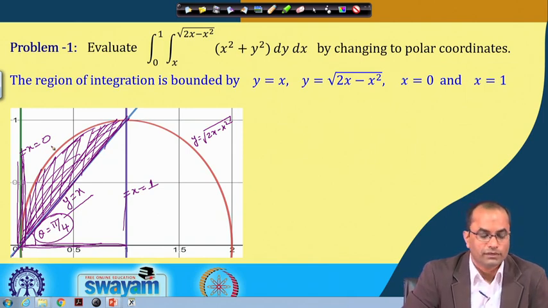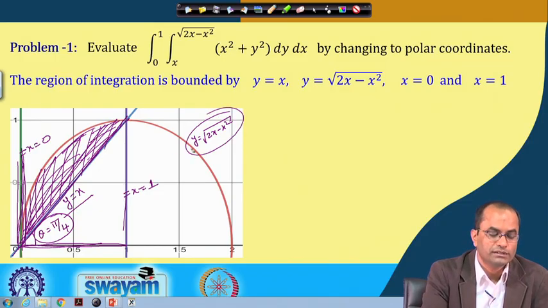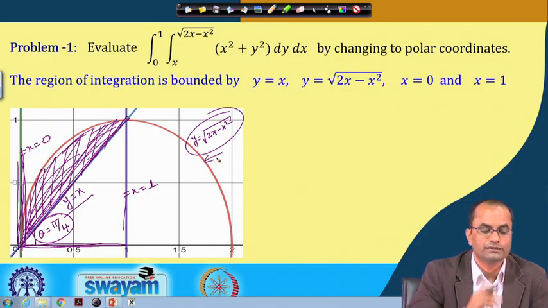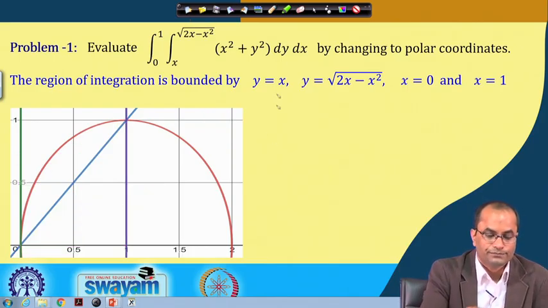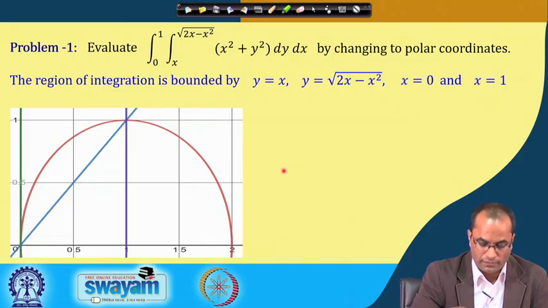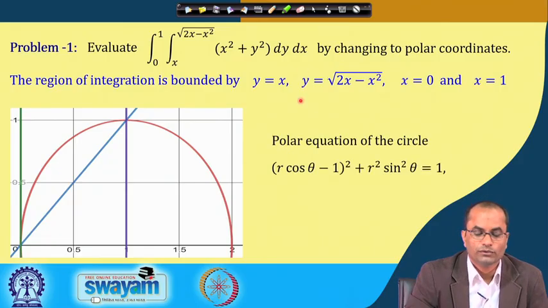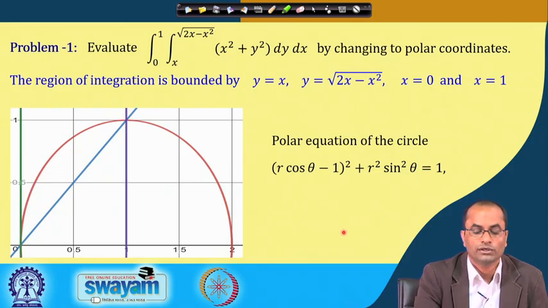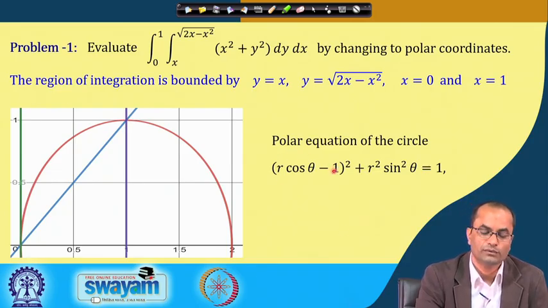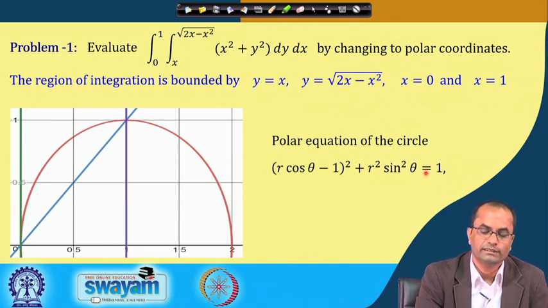So, the limit of r is also simple, but we now have to get the equation of this circle in terms of r and theta. So, the polar equation of the circle. The given equation was x minus 1 whole square plus y square is equal to 1. So, with x as r cos theta, we have r cos theta minus 1 whole square plus r square sin square theta, for y square, is equal to 1.